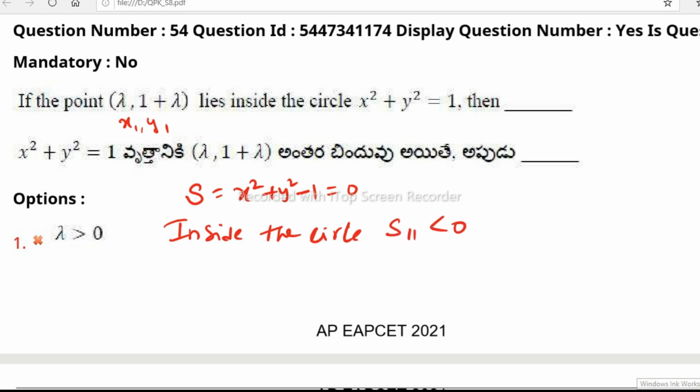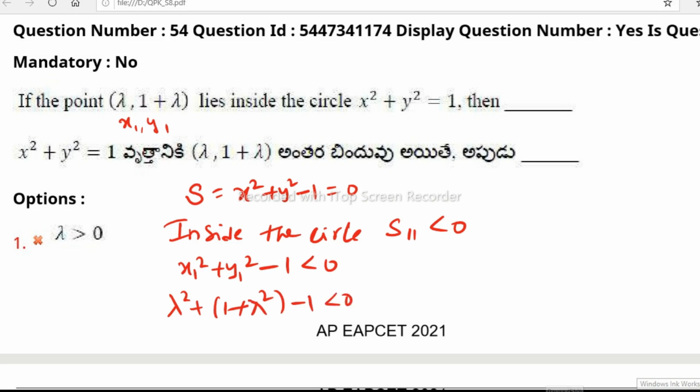S11 means in place of x, y we take x1, y1, that is x1 square plus y1 square minus 1 is less than 0. (x1, y1) is given as (lambda, 1 plus lambda). Substitute: lambda square plus (1 plus lambda) whole square minus 1 is less than 0.